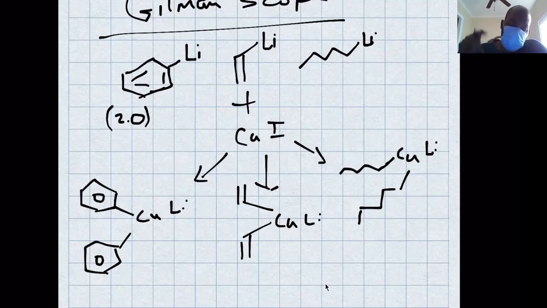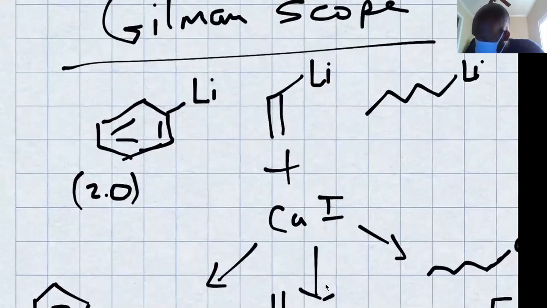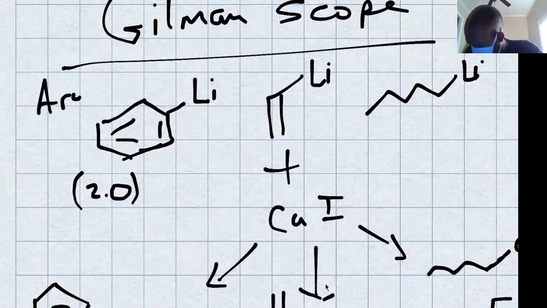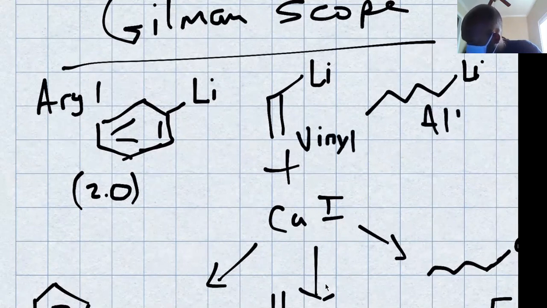And then of course the Gilman can react with the same, right? Aryl, vinyl, or alkyl. Let me go ahead and put that in here. So this is aryl. This is vinyl, and this is alkyl. All right.